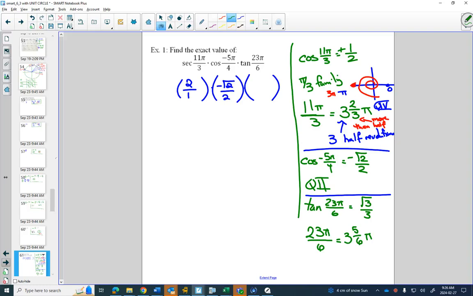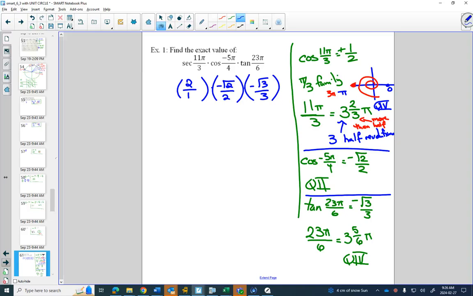Another 5/6 is still over half, so this will be in quadrant 4. Is tan positive or negative in quadrant 4? Negative, so we need to make that negative there, and then all of this thinking to get this. Okay?